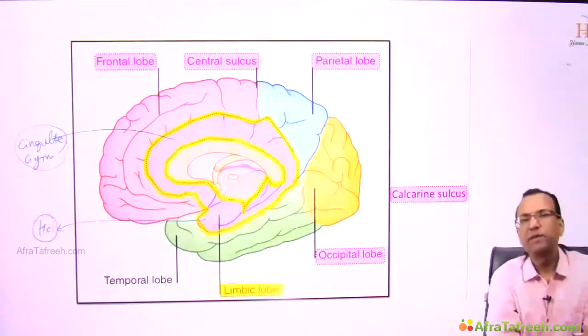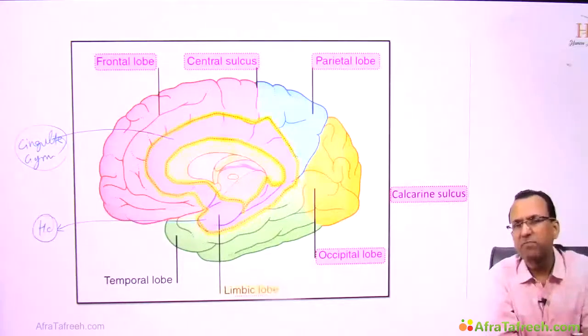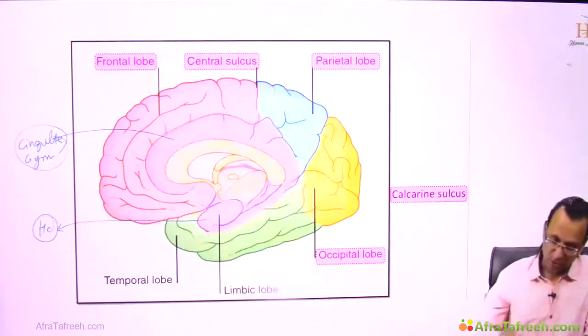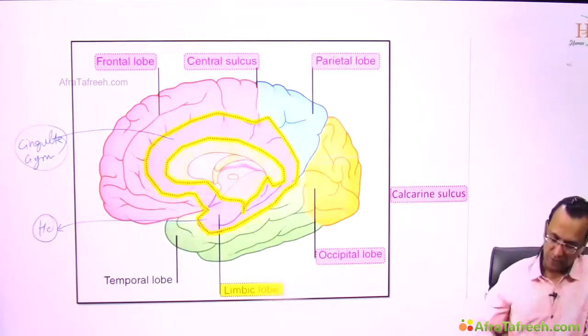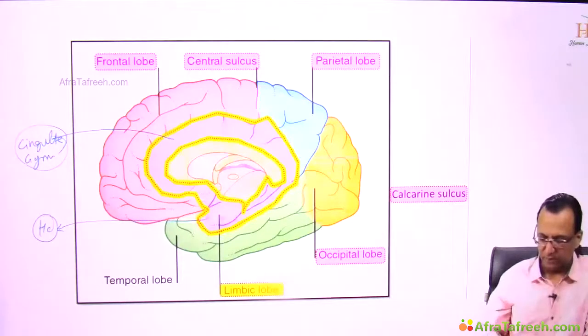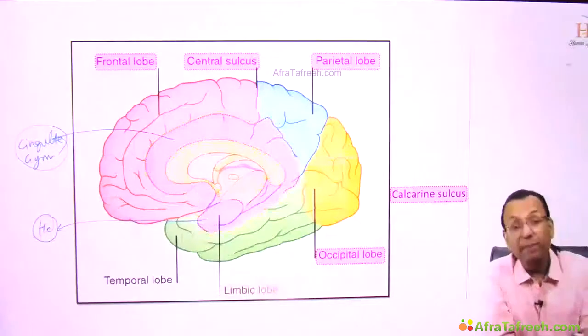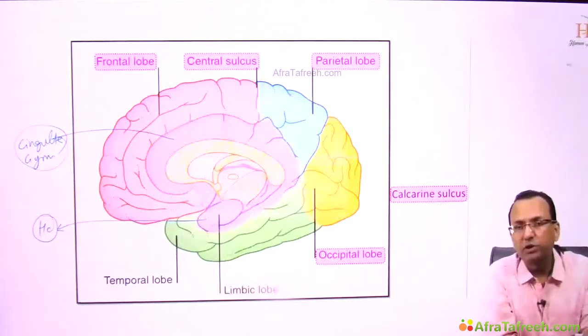Are you talking about Papez circuit, which is for emotions and memory? Yes, emotions, memory, limbic lobe. So when you're talking about the limbic lobe, it is Papez circuit, and there is some hippocampus involved, then there will be some fornix involved, and then hypothalamus, thalamus, and also the cerebrum, the cingulate gyrus. Yes, actually this is the limbic lobe, limbic system, emotions, memory.